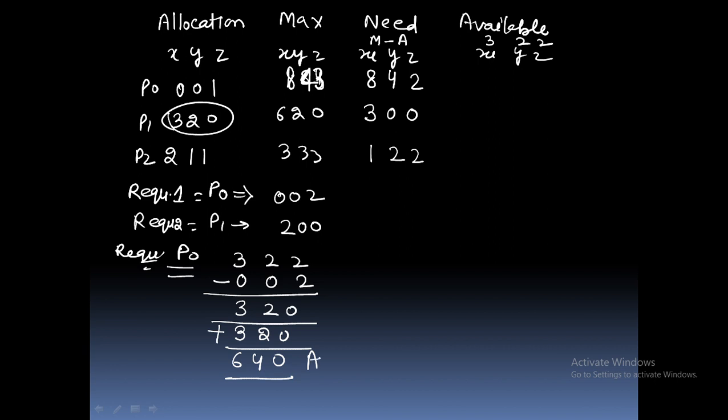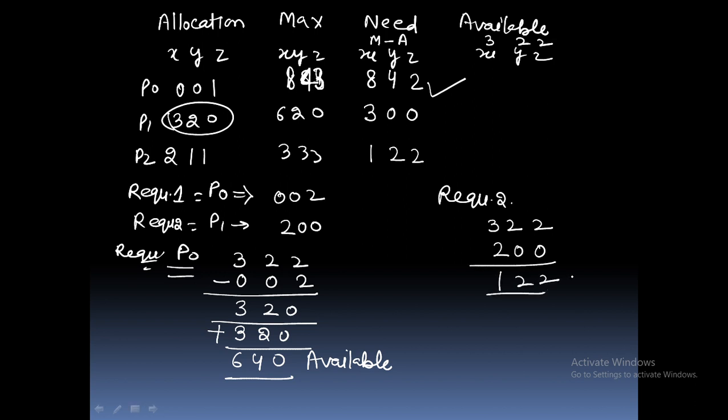Now these are the available resources, and these available resources cannot satisfy the need of P0. So that's why request 1 cannot be permitted. And according to request 2, available resources are 322 and request is 200, and now available resources are 122.